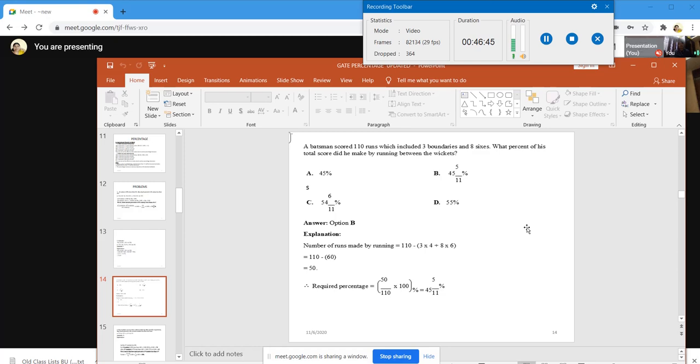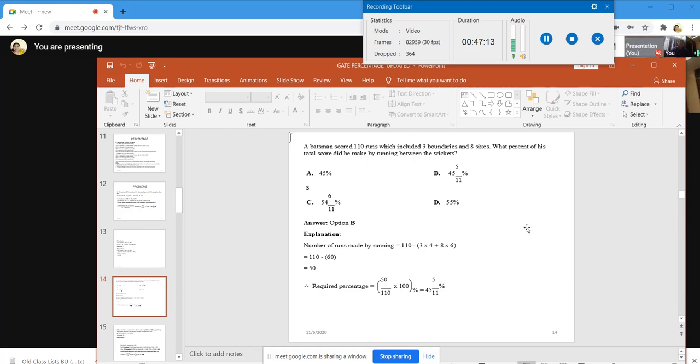So listen. For running between the wickets, we should subtract the runs taken by boundaries as well as sixes. When you subtract 110 minus 3 boundaries, 3 into 4, as well as 8 sixes, 8 into 6, the answer is 50.